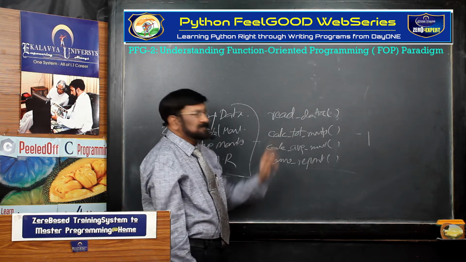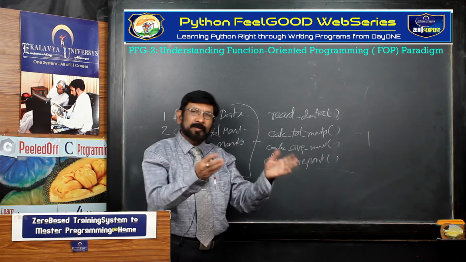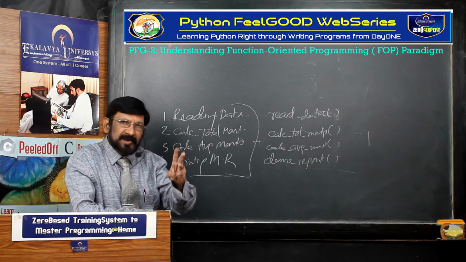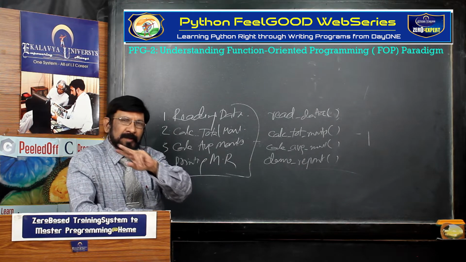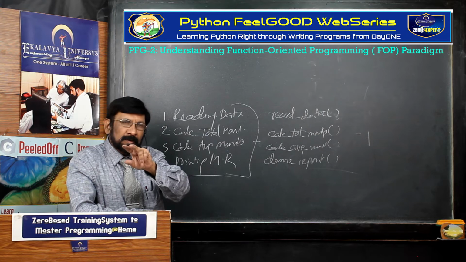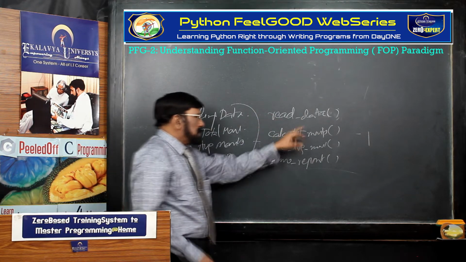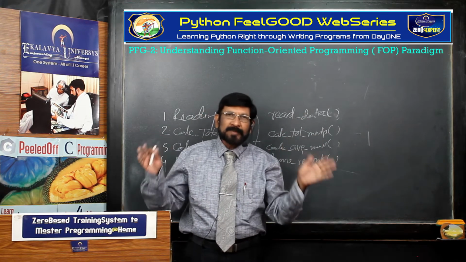So, by the collective contribution of 4 functions, your mark report task is performed. By the collective contribution of 3 specialists, your house got shifted. By the collective contribution of 2 specialists, your house got painted and cleaned. By the collective contribution of 4 functions, your mark report program is performed.